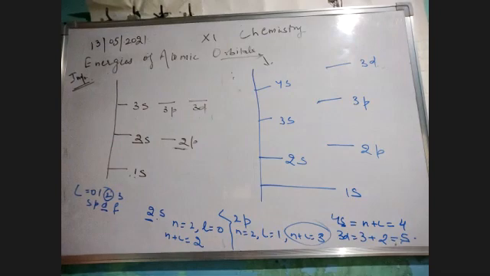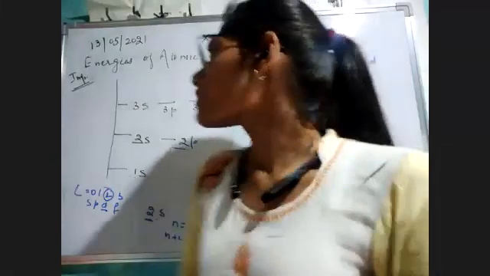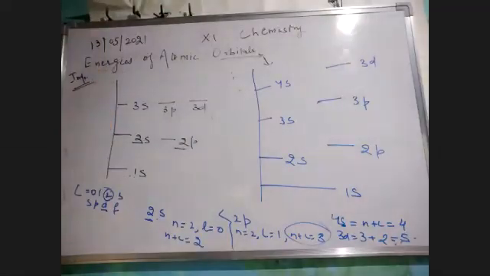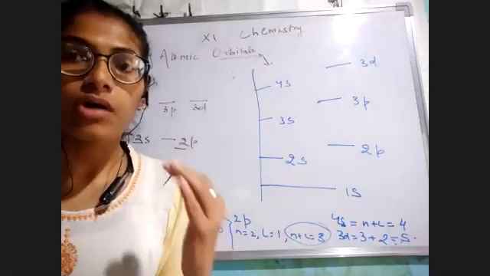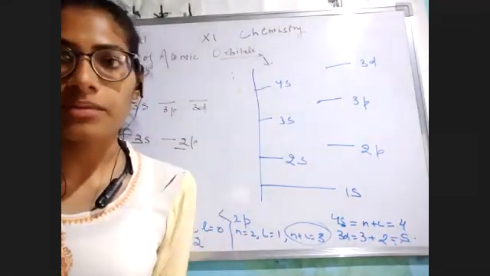Okay, is there something else we should talk about in this topic? So now, this was the whole concept of energies, but now the point is how would we fill our atom, or we can say electrons, in these atomic orbitals.